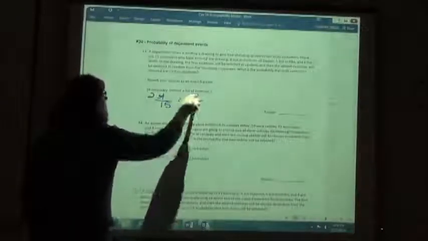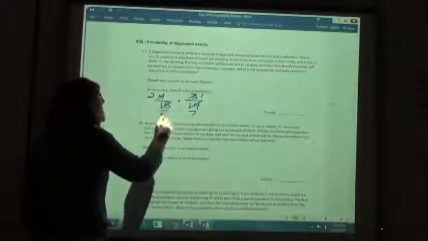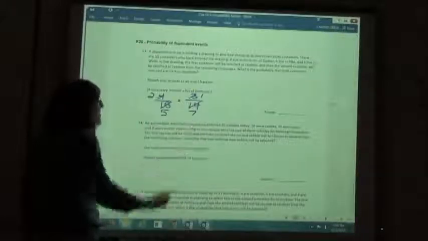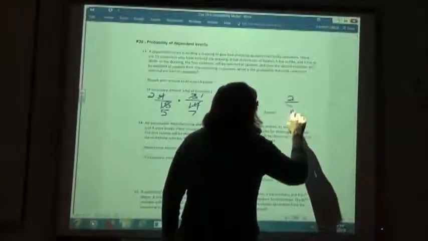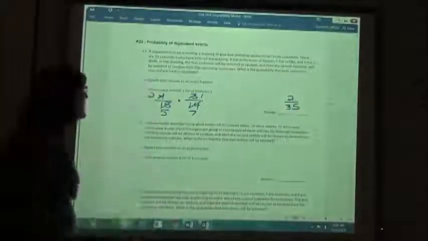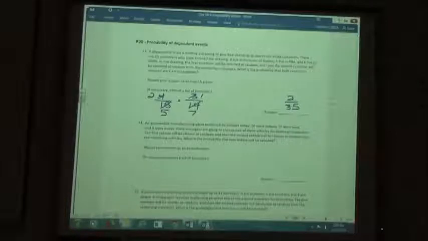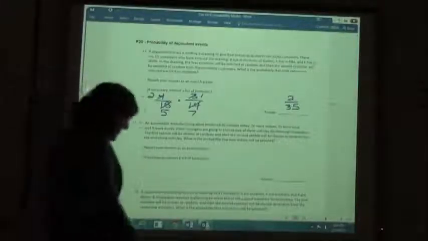Oh, I can reduce some more. 3 goes into there once and into there 5 times. Now I can multiply across the bottom and the top, and I end up with 2 over 35. If you're using your fraction calculator, you probably don't have to worry about reducing.